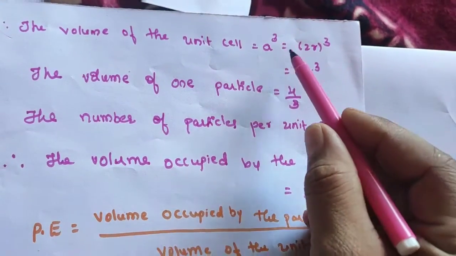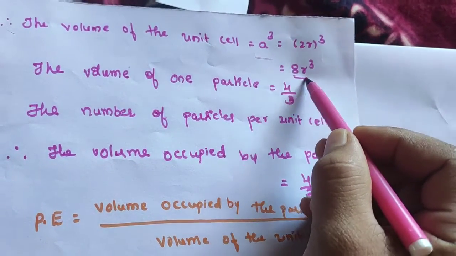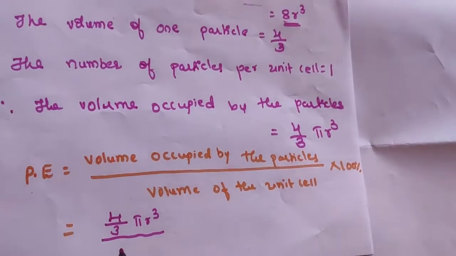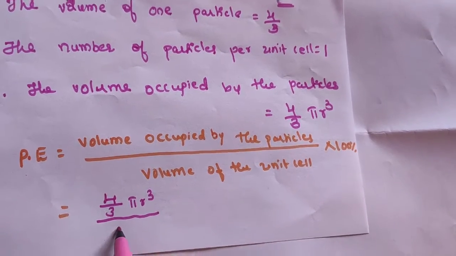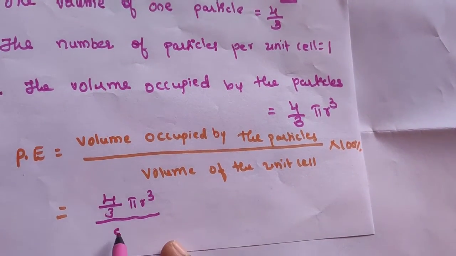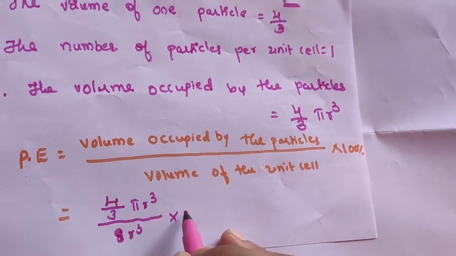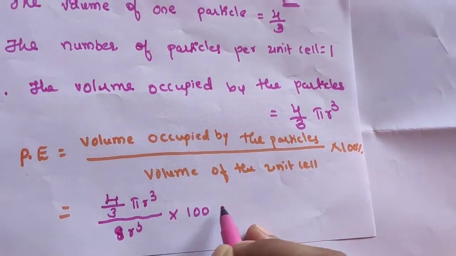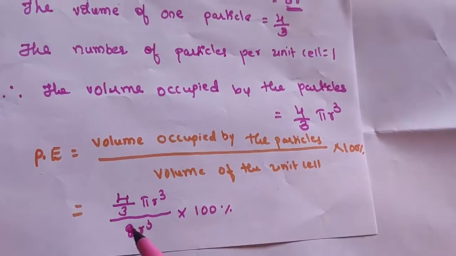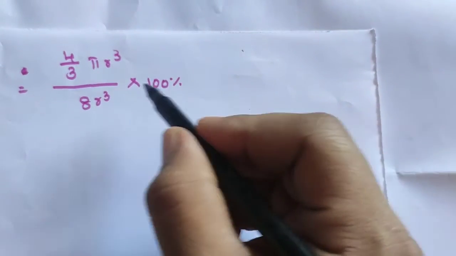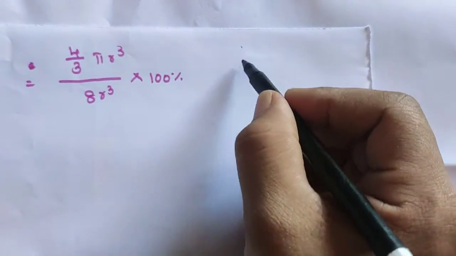I have already taken the volume of the unit cell as 8r cube, times 100%. So we can simplify this formula.